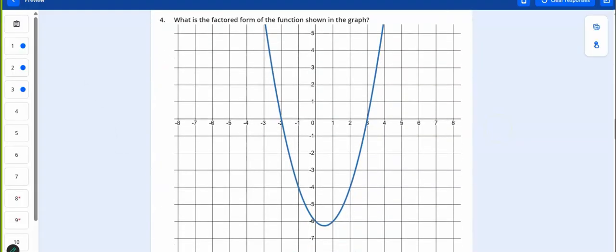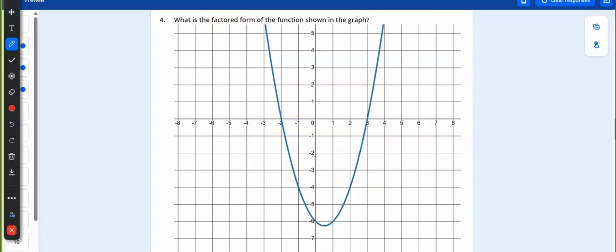What is the factored form of the function shown below? What do you think, based on what you see on the picture?